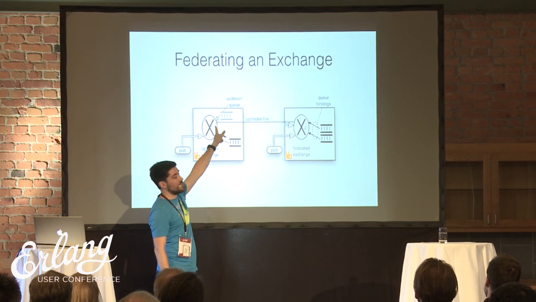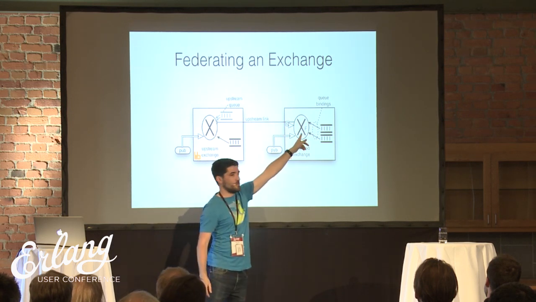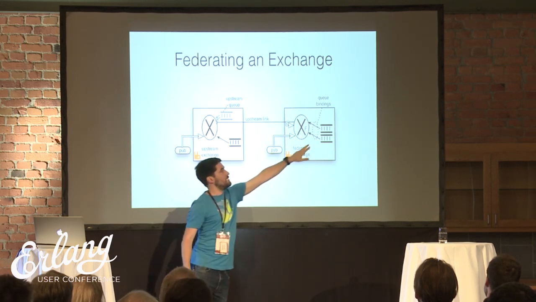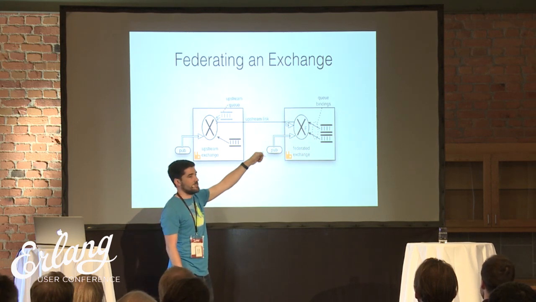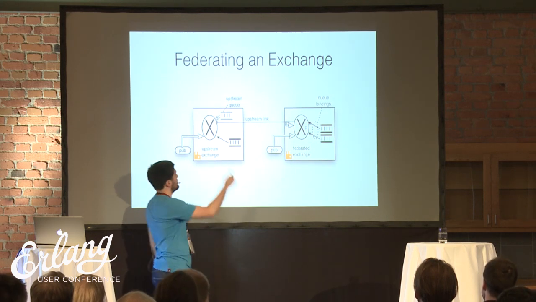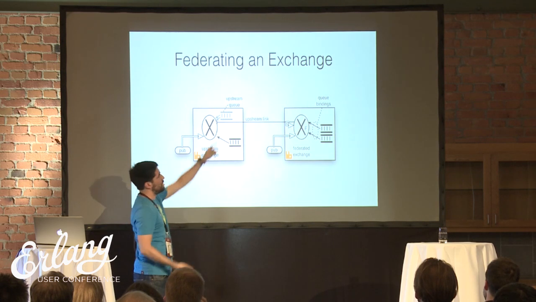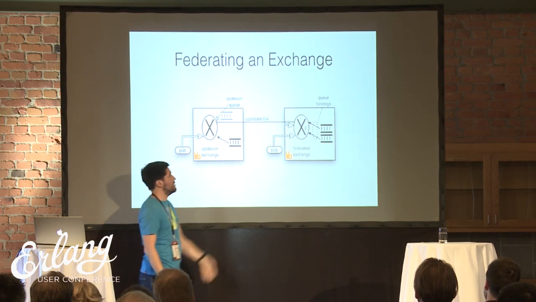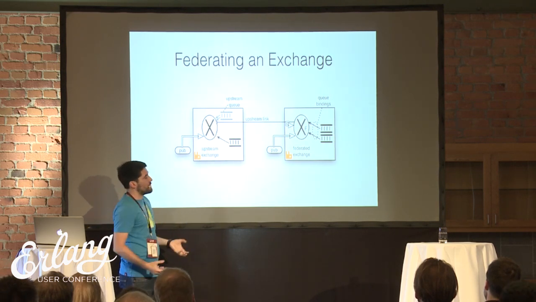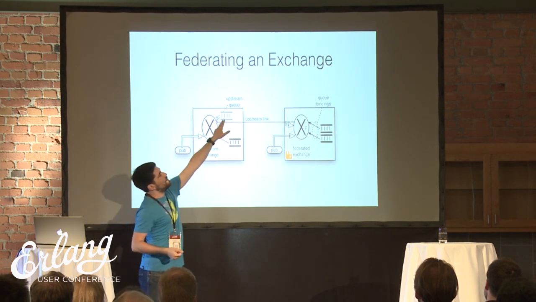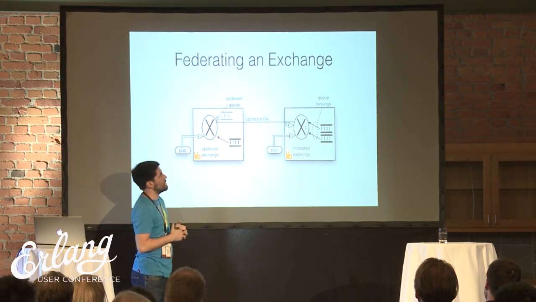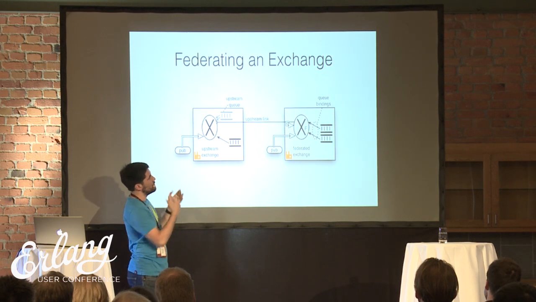So messages from here start to be shipped to this server. This publisher and those consumers have no clue that the messages came from the other server. And this publisher here also doesn't know that we are also federating messages. What RabbitMQ will do is create this kind of ghost queue there in the background that will also pull messages.